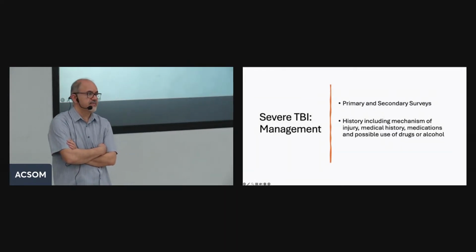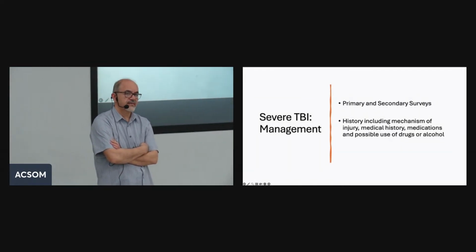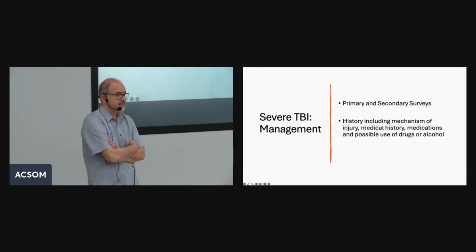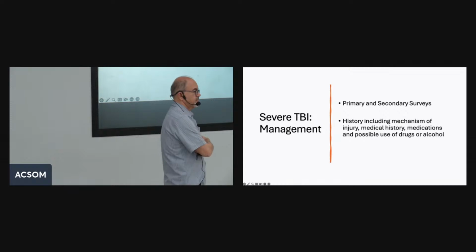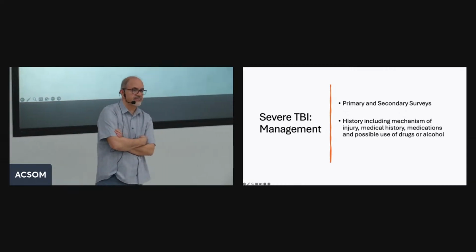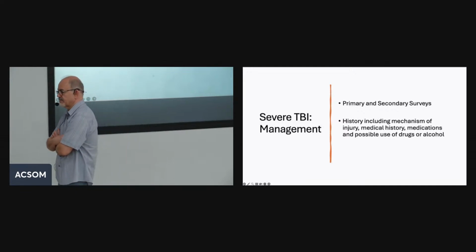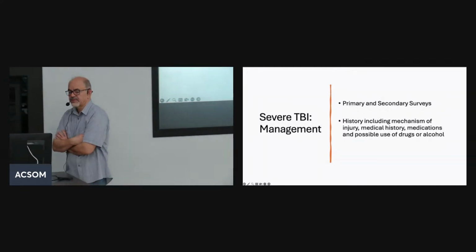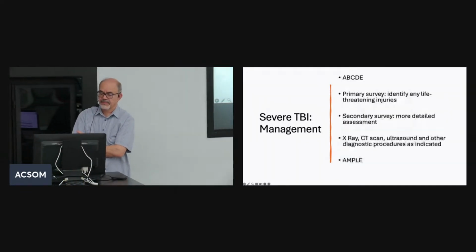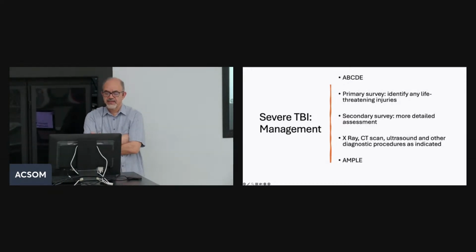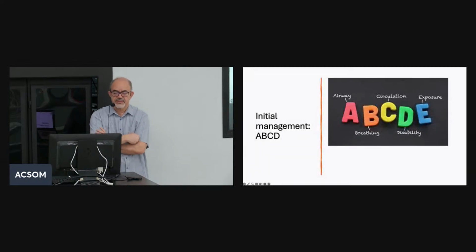So you have a few minutes to quickly go through the patient to make sure they're going to live. And then when they pass that part, then you have time to do a more thorough examination, obtain history, do your tests. So divide your attention into primary and secondary insults. ABCD is how we organize our primary survey.